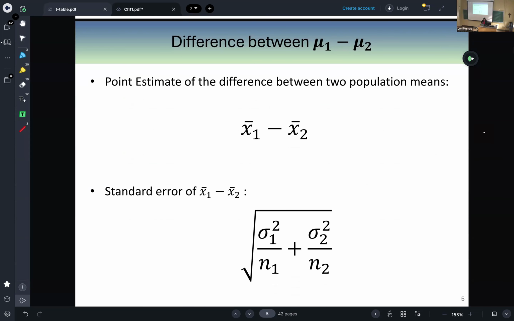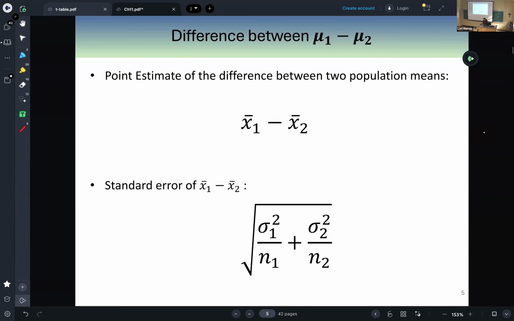We want to know the difference between the true population means, mu subscript 1 and mu subscript 2, and we do that by getting the point estimate. The point estimate in this case is X bar subscript 1 subtract X bar subscript 2. That's the point estimate between the two population means.